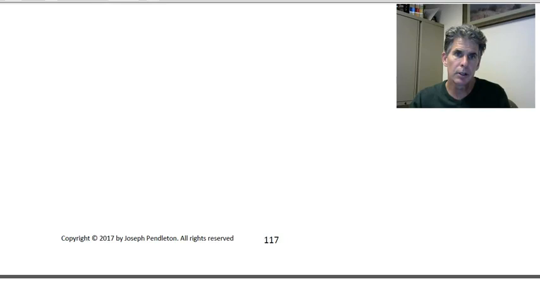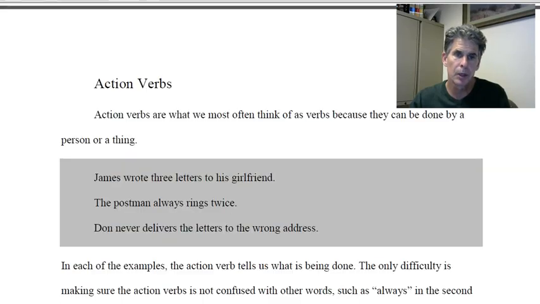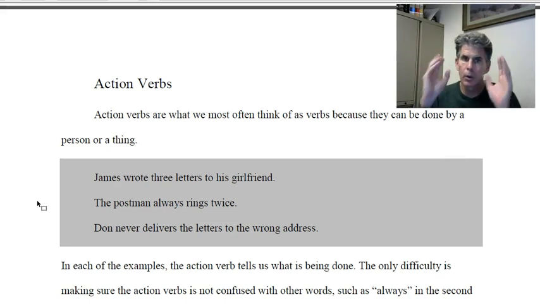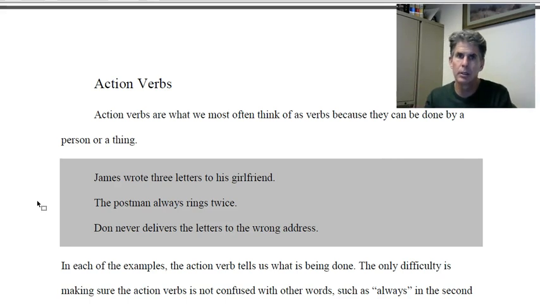Now, getting to the other two types of verbs. Really what I want you to get your mind around is that there are two types of verbs. In a practical sense, there are only action and linking verbs. That's it. All sentences in the English language are going to use either action verbs or linking verbs.